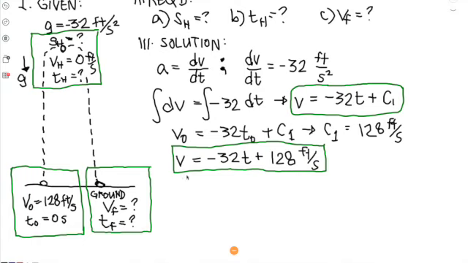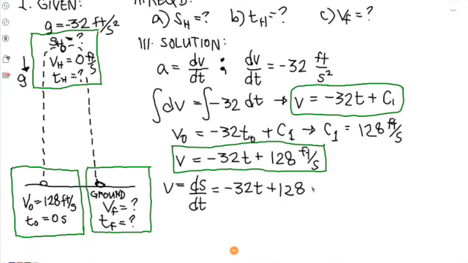Okay, so how do we do that? We know that the velocity is just equal to ds over dt, and velocity is equal to negative 32 t plus 128.